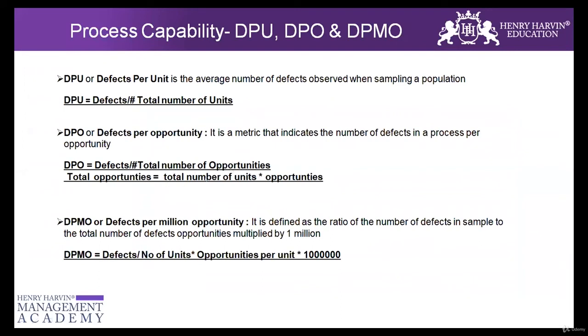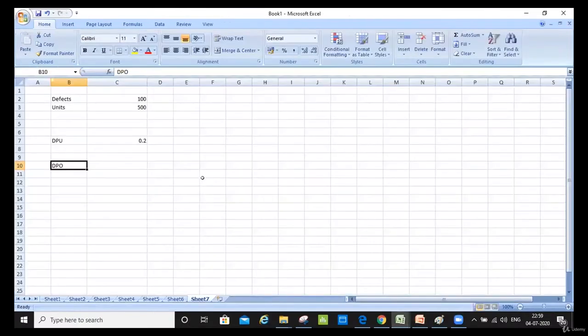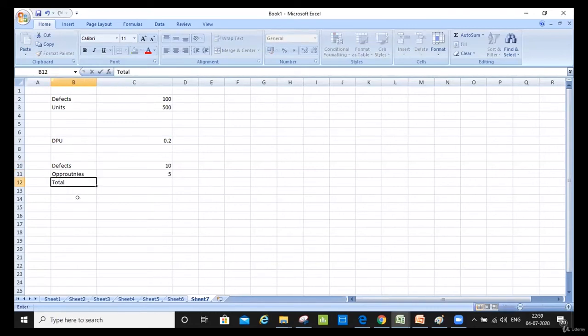Okay, so let's discuss that. So let's say I have 10 units and the opportunities that I have is 5. Total opportunity would be 10 multiplied by 5, because there are 10 units and 5 opportunities.